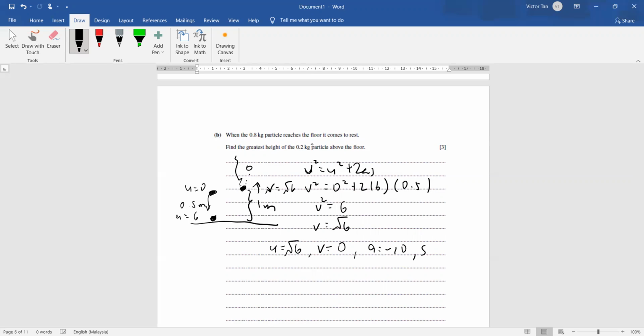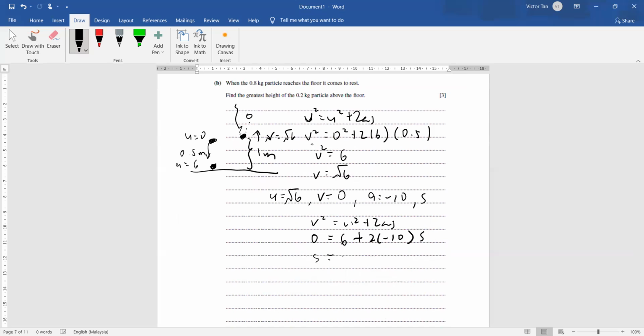You want to find S. Again, you use the same formula: 0 equals 6 plus 2 times minus 10 times S. S is 0.3 meters. So the greatest height will be 1 meter plus another 0.3 meter, a total of 1.3 meters.